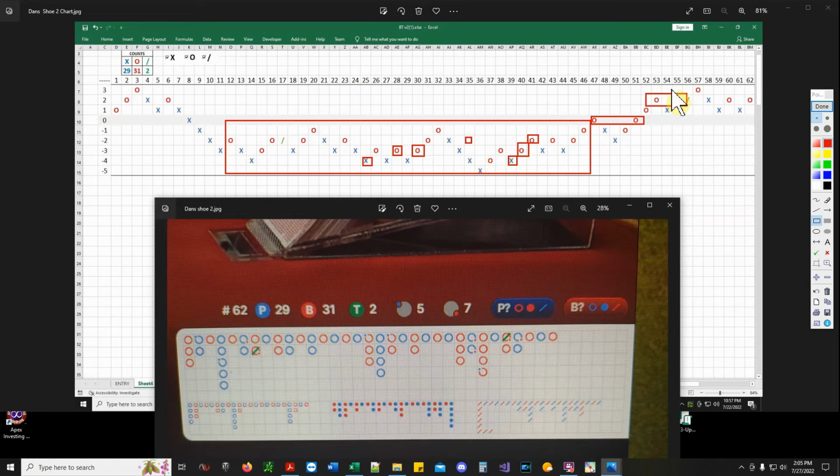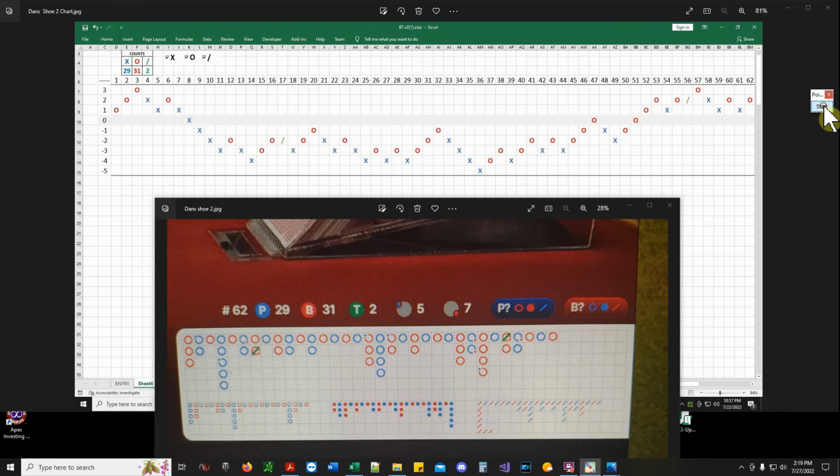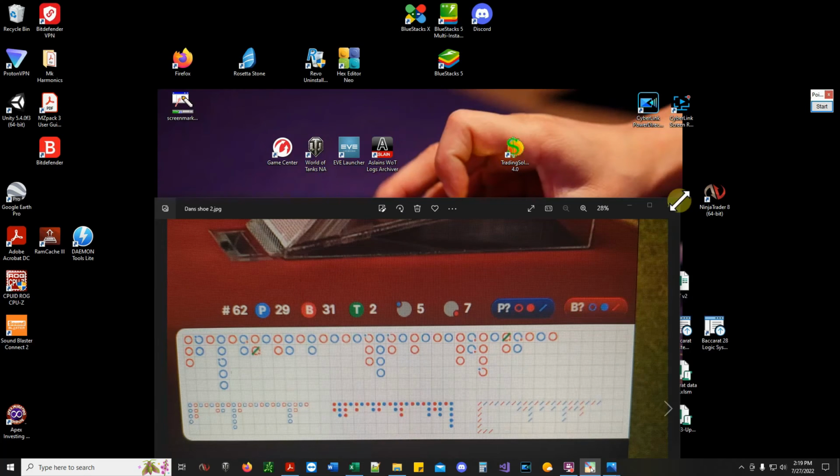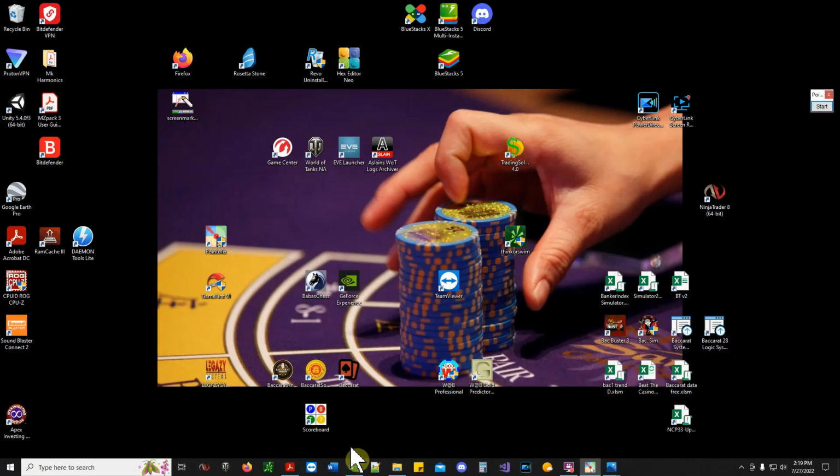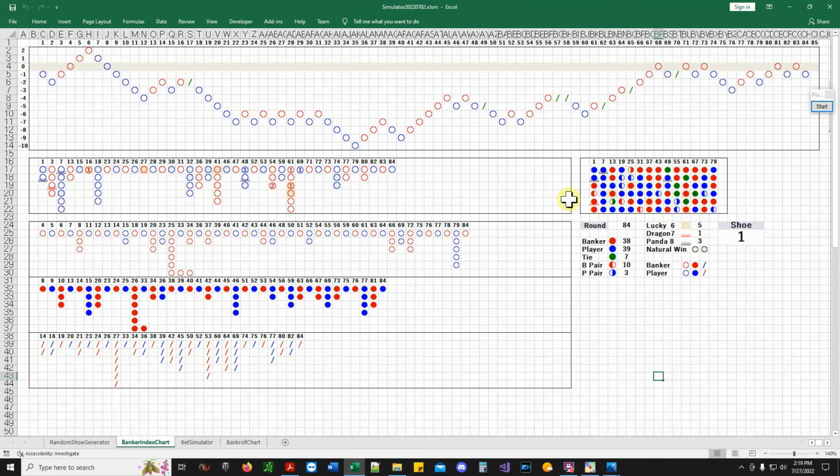So let's get into another shoe. I hope we find some ranges. See if we can find some ranges today. This particular shoe, by the way, is basically here's perfect breakout. Perfect breakout.